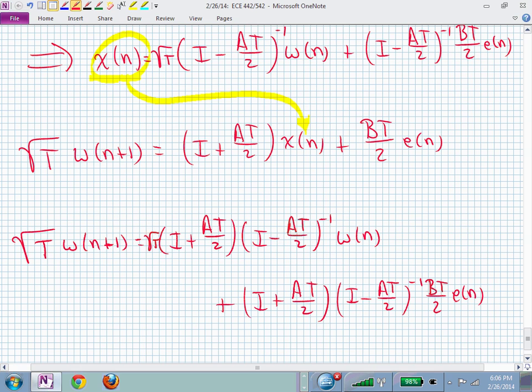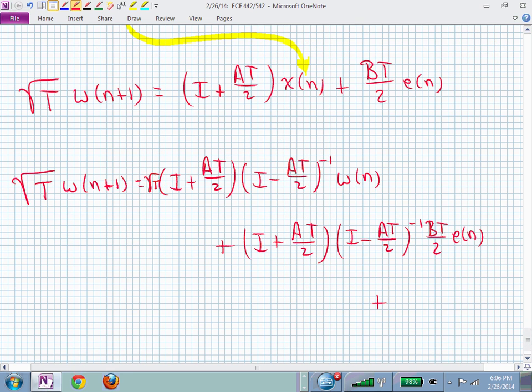That's that term that's almost ready to go away, pre-multiplied by the I plus at over 2. Is that okay? And then I can't forget this guy. He's still there. So I have to add him in also. So I have a plus bt over 2 e of n. Did I make any more algebra mistakes or drop a minus or plus? Is that okay? Yes.